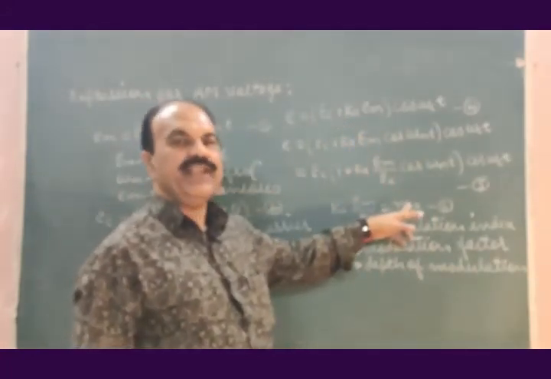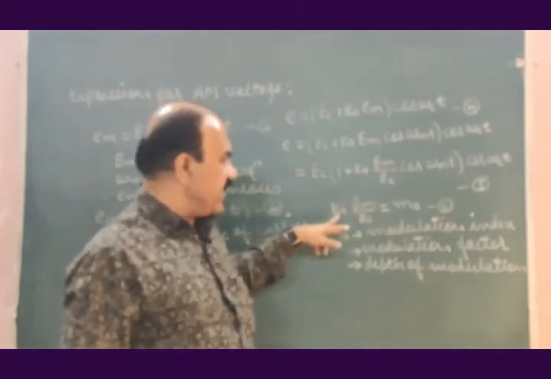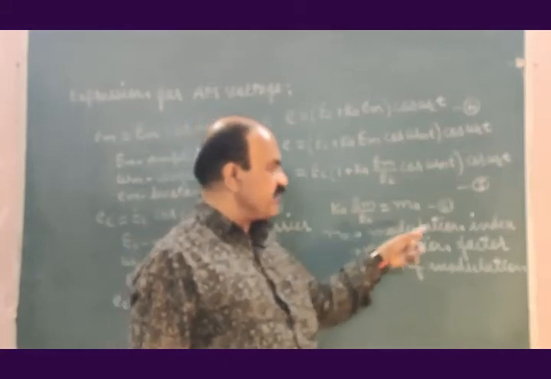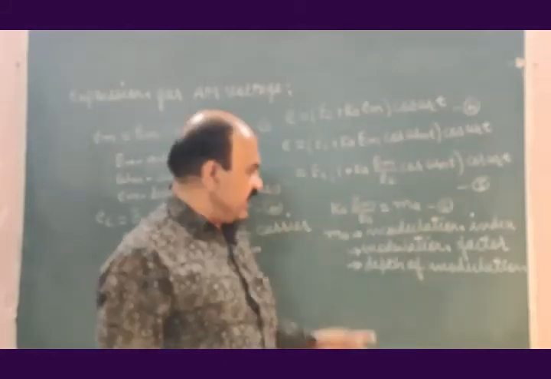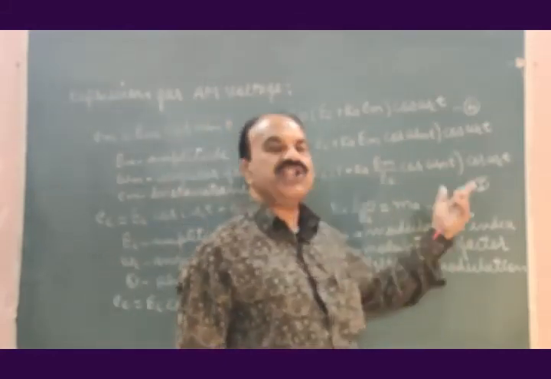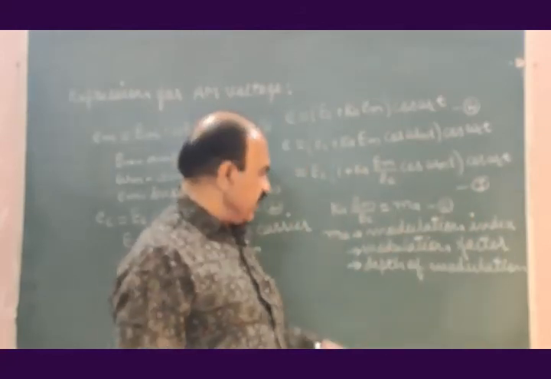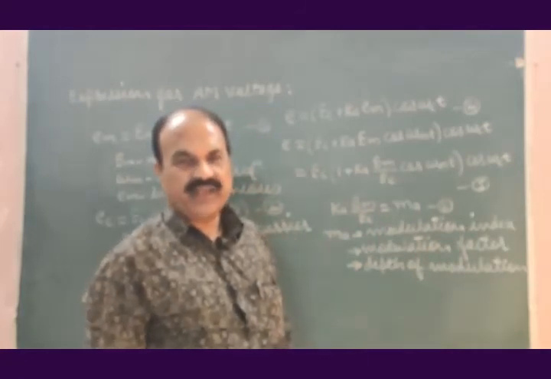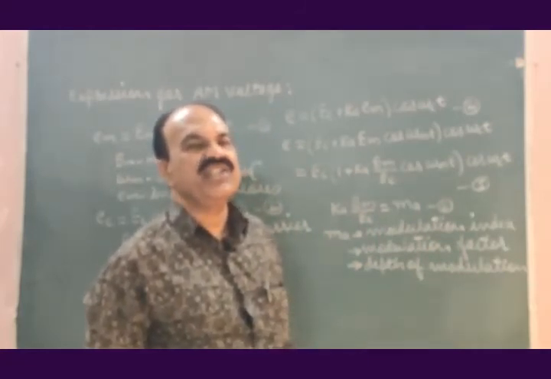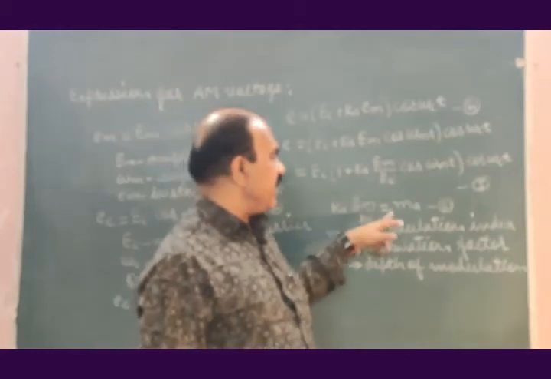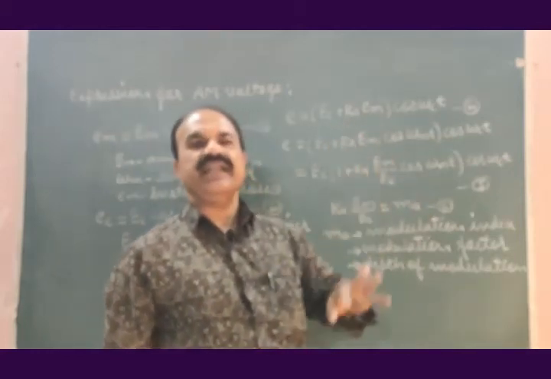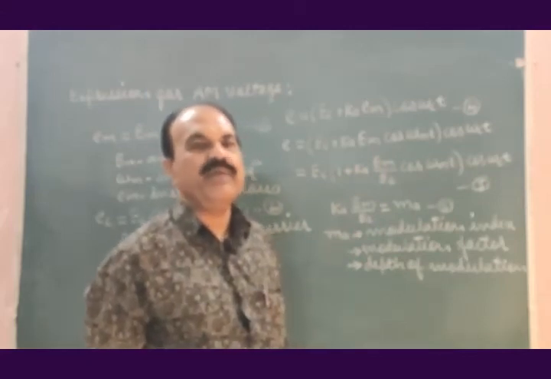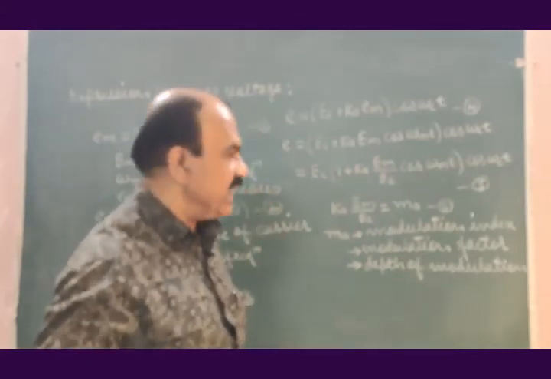Ma, the constant given as K into Em by Ec, is known as modulation index. It is also known as modulation factor. It is also known as depth of modulation. Percentage modulation is given by Ma into 100.